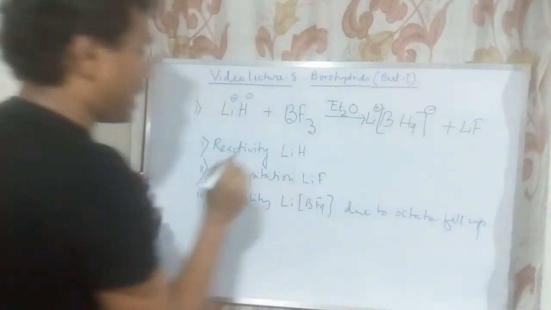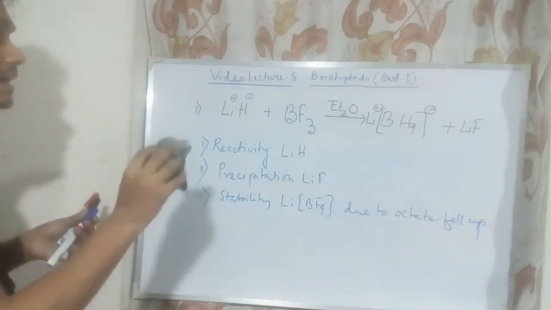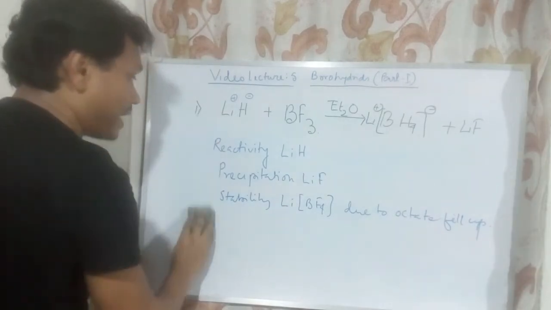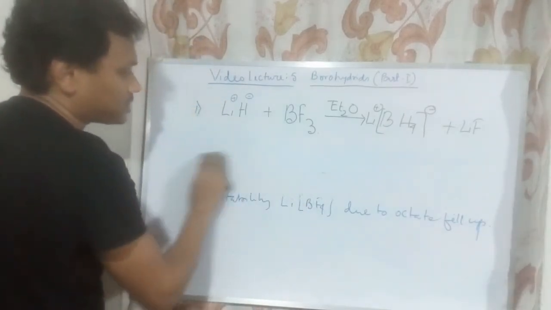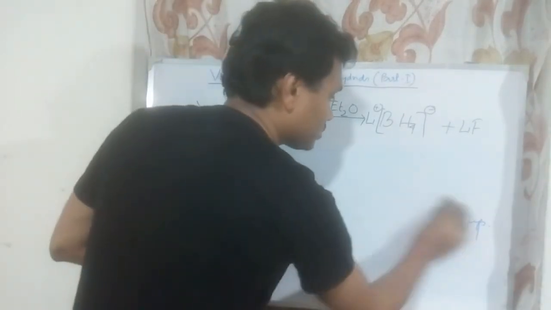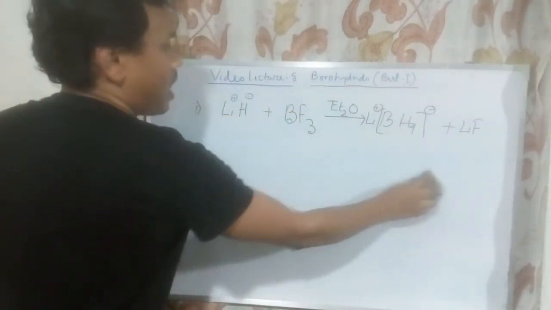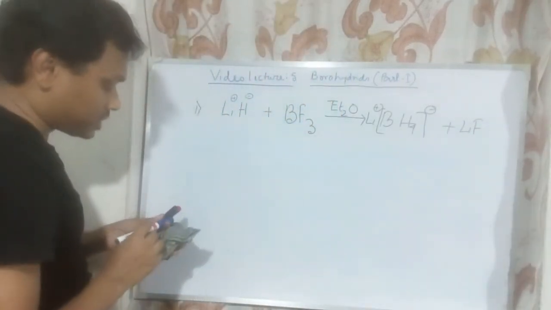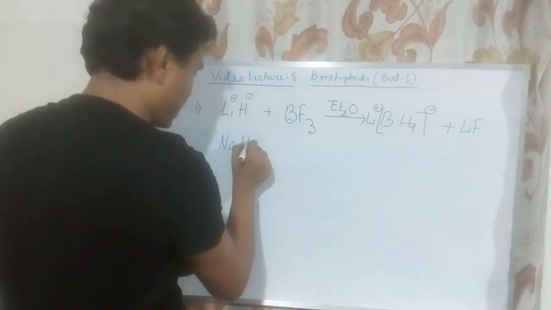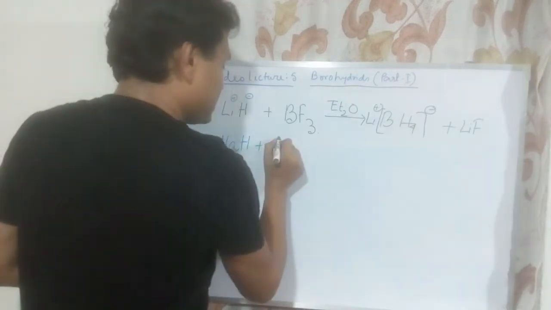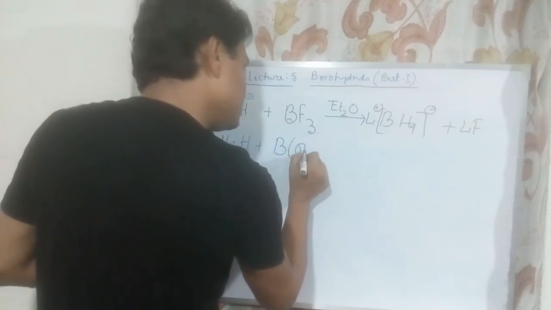Okay, so I guess you have understood why this reaction is happening, and from the pathway explanation you understood how this reaction is happening. So keep this in mind. Last time we wrote about the reaction of sodium hydride plus B(OMe)3.